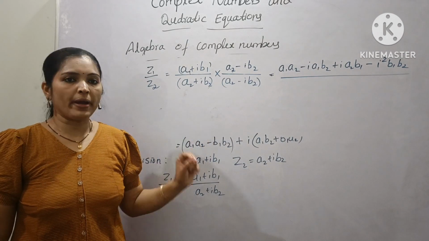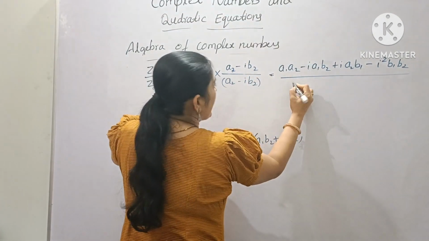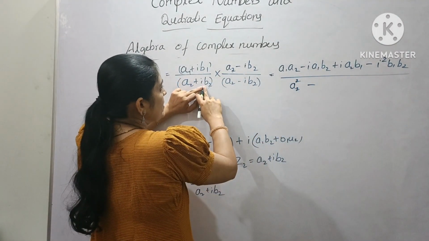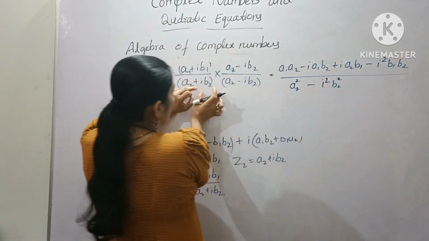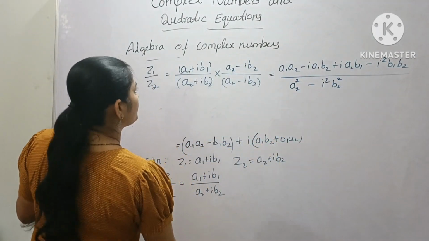What is (a plus b) into (a minus b)? a square minus b square, right? So a square, that is a2 square, minus b square, that is i square b2 square. Here b means ib2.